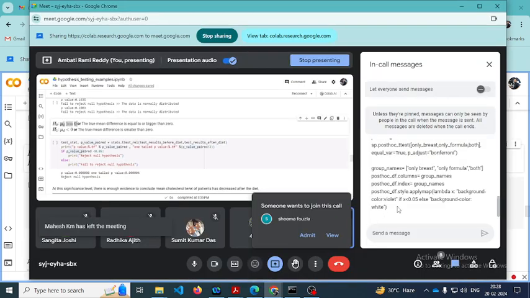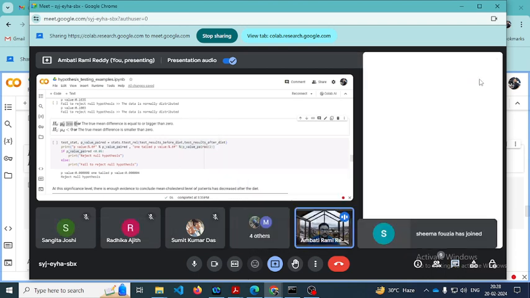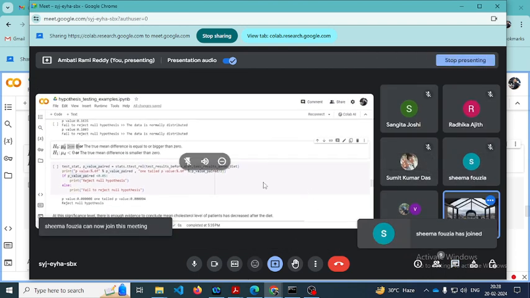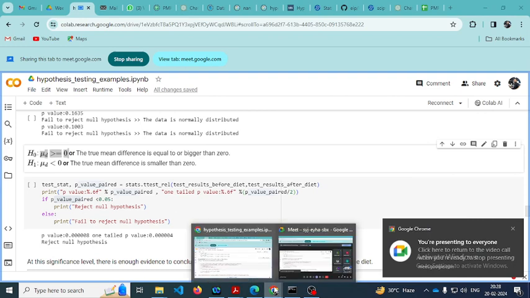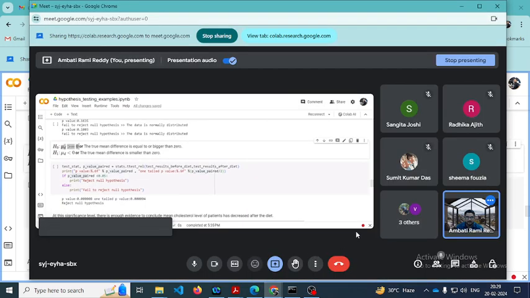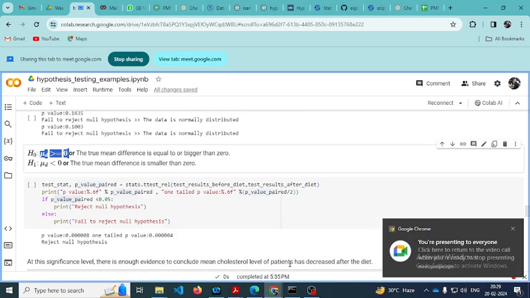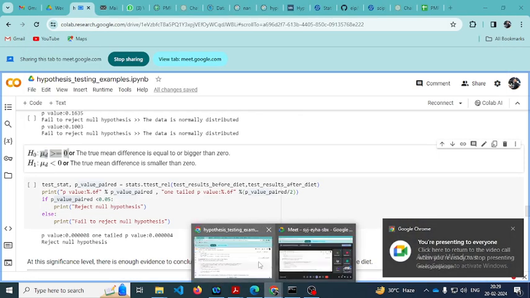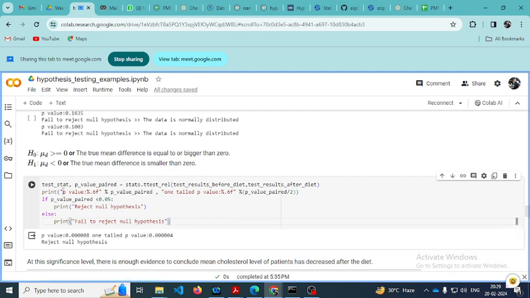You can prove your hypothesis based on these hypothesis tests. So any questions? Is that clear? I'm just giving these codes, and they will be there in my drive.